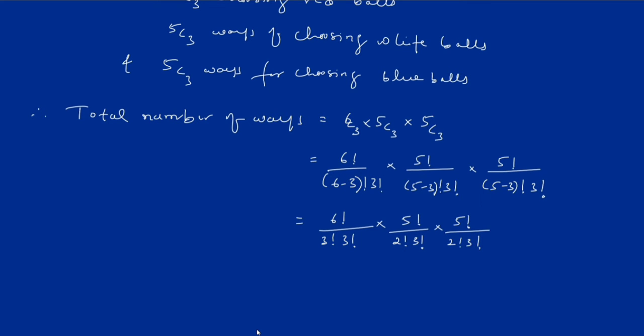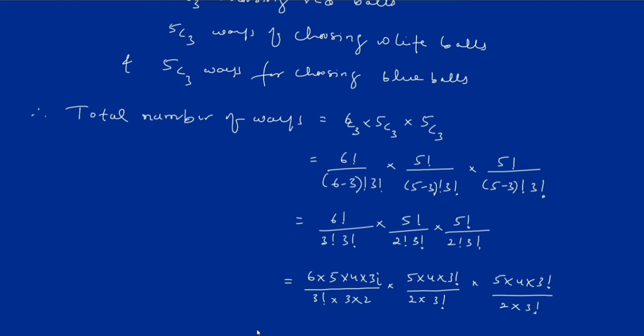So now simplify this. What we get here, let's see. 6, 5, 4, 3 factorial upon 3 factorial into 3 into 2, into 5, 4, 3 factorial upon 2 into 3 factorial, 5, 4, 3 factorial upon 2 into 3 factorial, right?